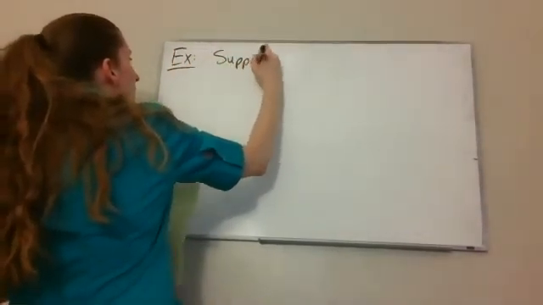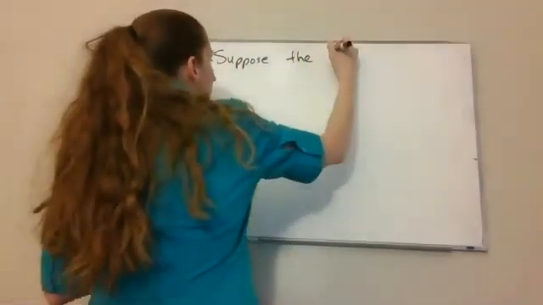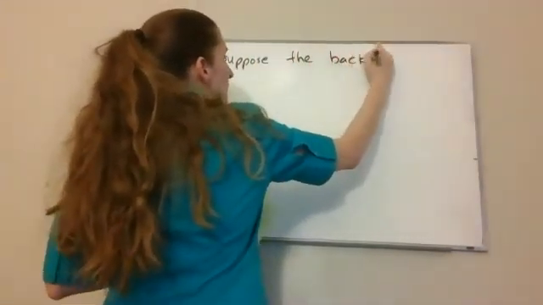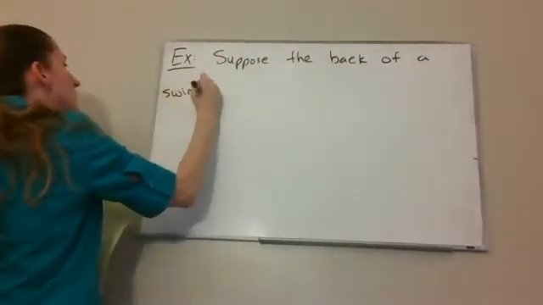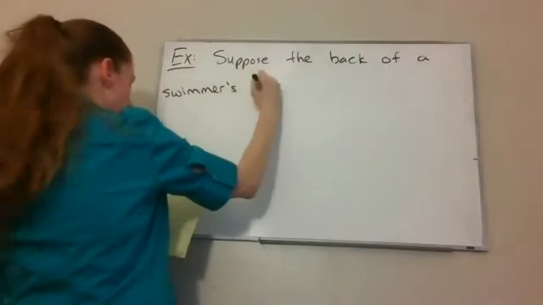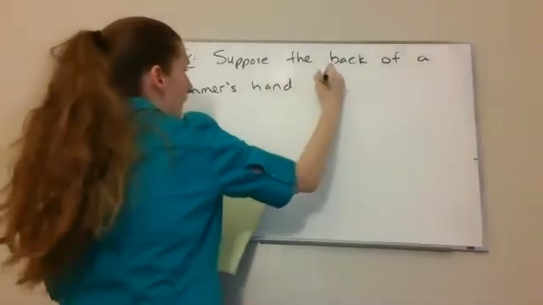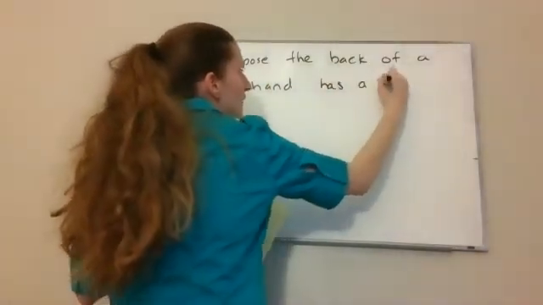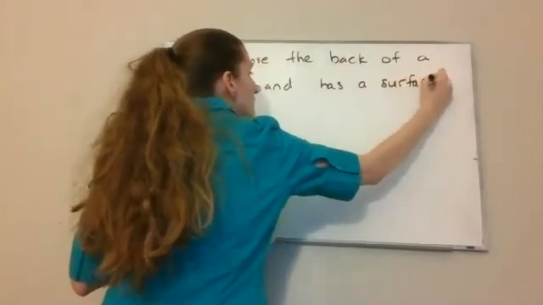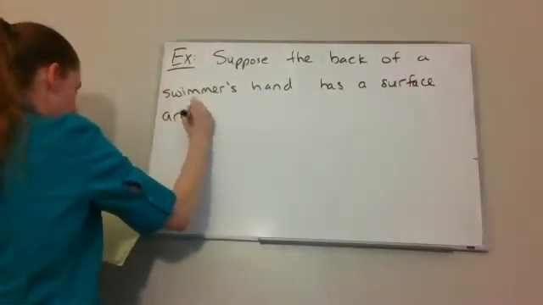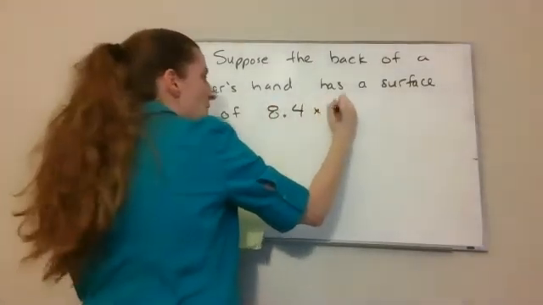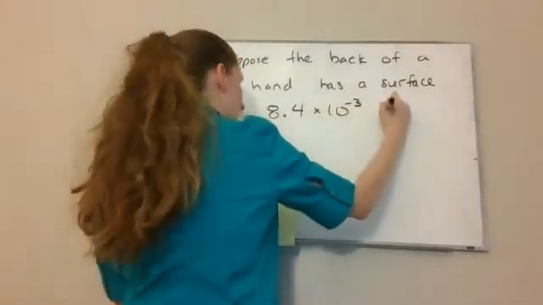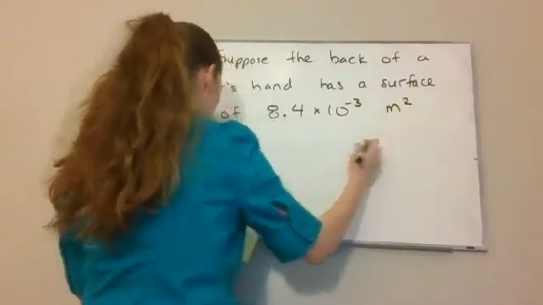Let's suppose the back of a swimmer's hand has a surface area of 8.4 times 10 to the negative third square meters.